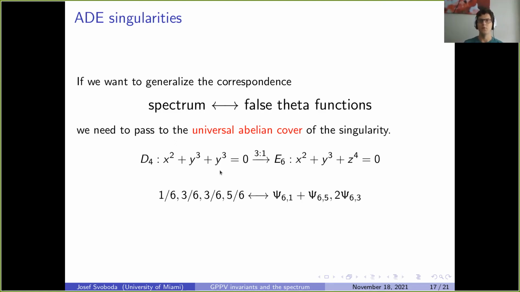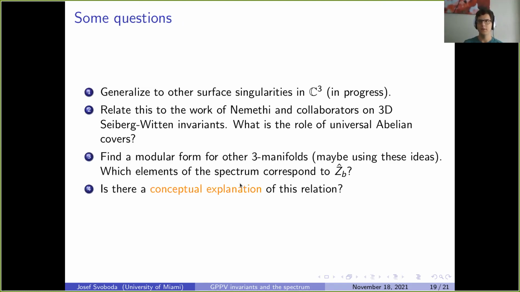So it seems that there are some modular forms, but it is not clear how to get them, and it seems that they might be related to the spectrum, or if not to the spectrum, this can be thought of as some kind of lift of this relation of Seiberg-Witten invariant and geometric genus, because geometric genus has a refinement, the monodromy or the spectrum, and the Seiberg-Witten invariants are related to Chern-Simons invariants, and they have this refinement in these theta functions.